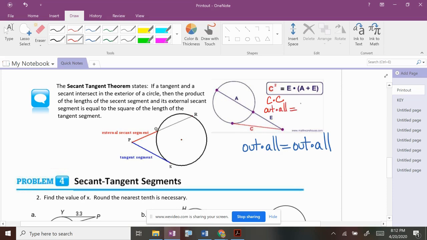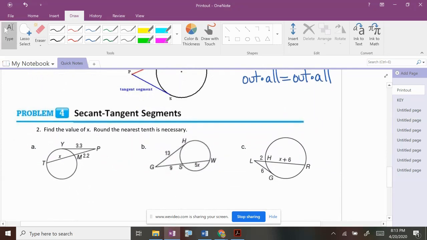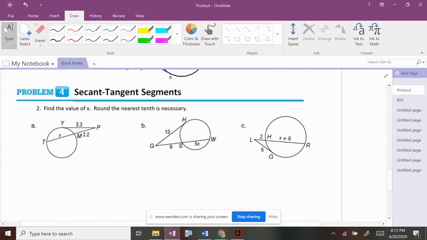The e is the out. The a plus e is the all of the secant. So again, this is the tangent, this is the secant of your formula. Okay, so again, let's look at an example and let's see if you understand looking at the secant tangent theorem.